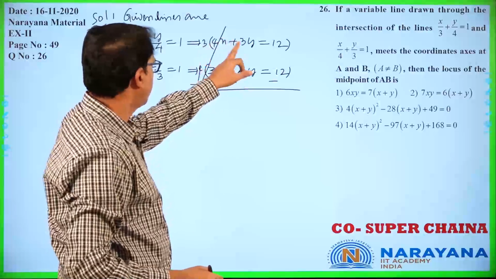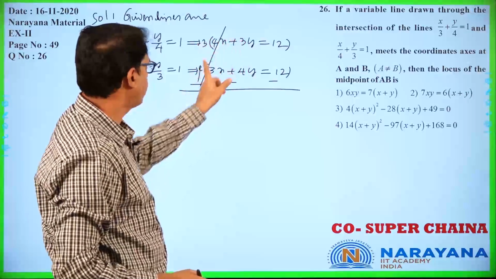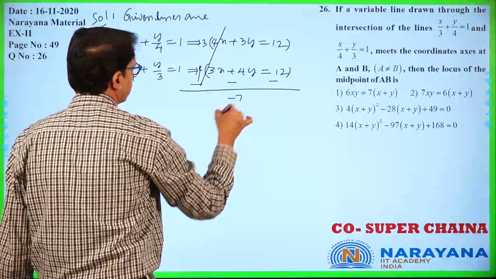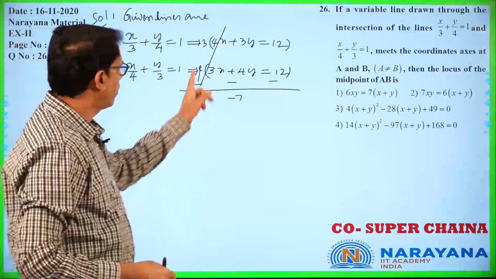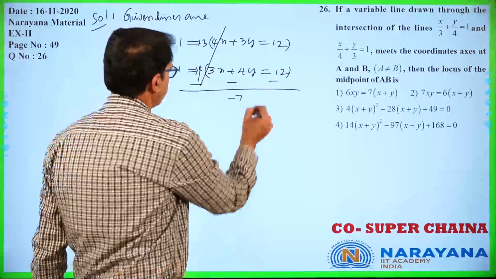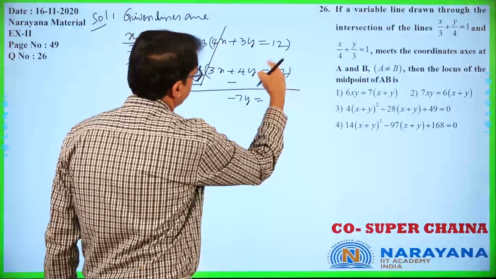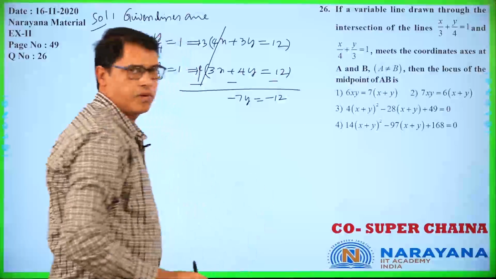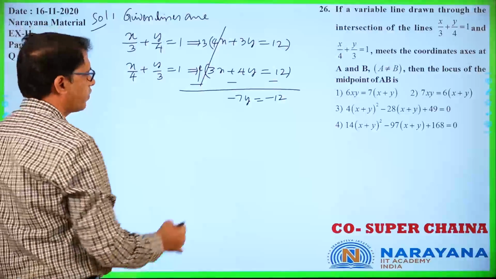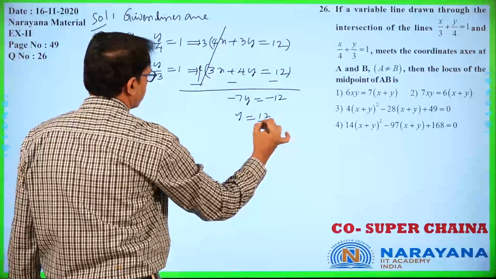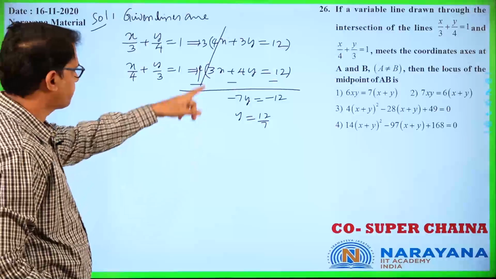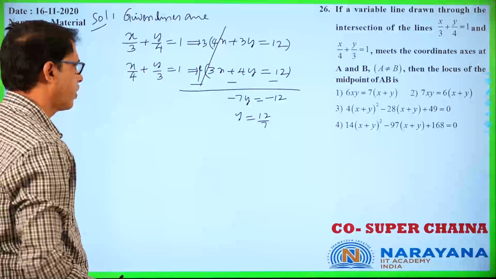So minus 9 minus 16, minus 7y equals 36 minus 48, so it is minus 12, okay? So from this y value is 12 by 7, and x also you get the same, 12 by 7.